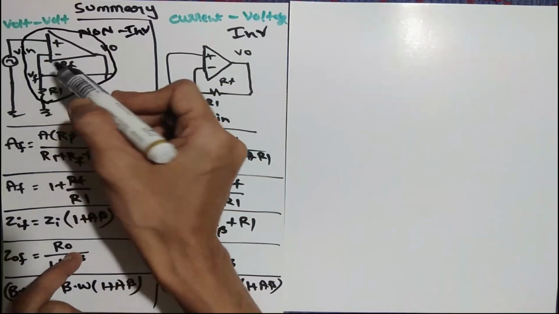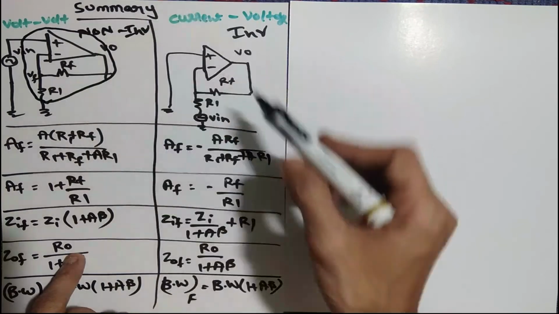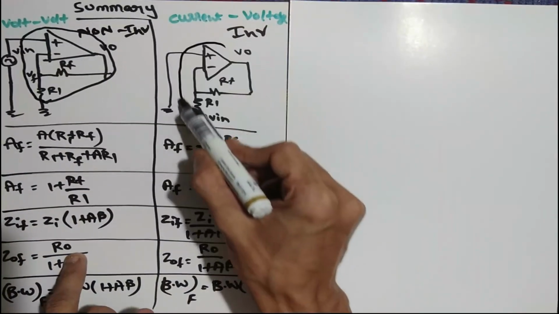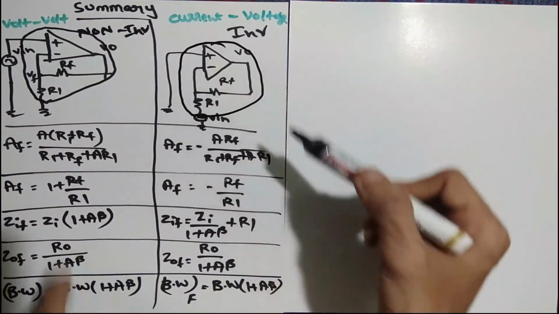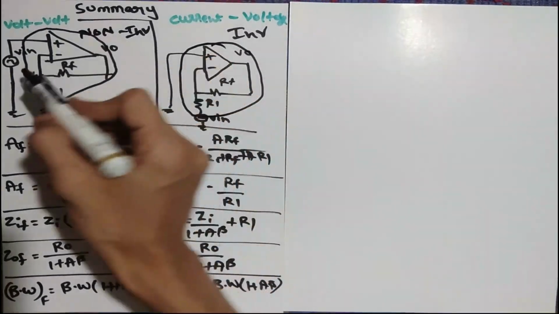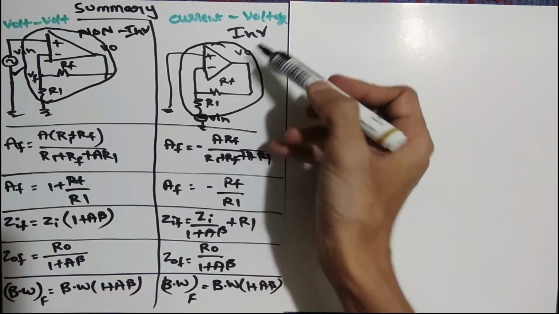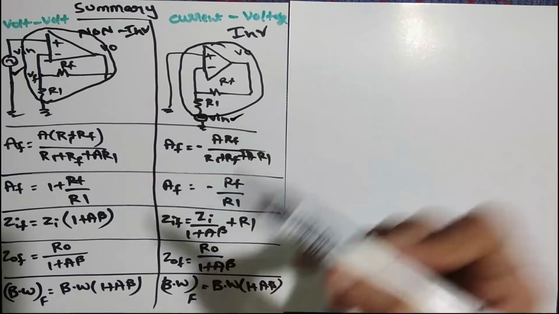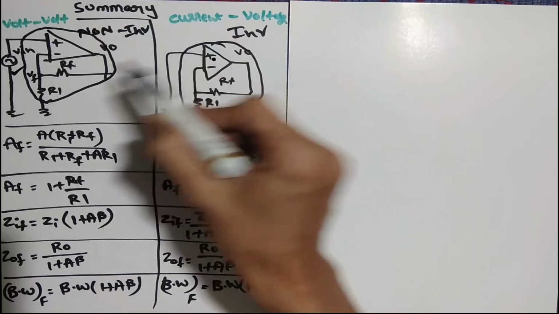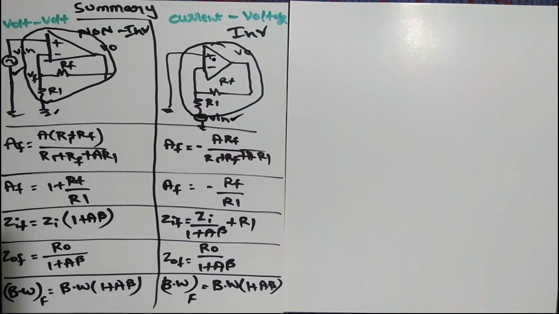So R1 and RF are there, and RF is connected to the output. R1 is connected to the negative. This portion is the same for any closed circuit, as we discussed previously. The thing that changes here: the non-inverting input is given from the positive terminal, and the inverting input is given from the inverting terminal, and here the positive is ground, here the negative terminal portion is grounded. That is how you have to write this circuit.